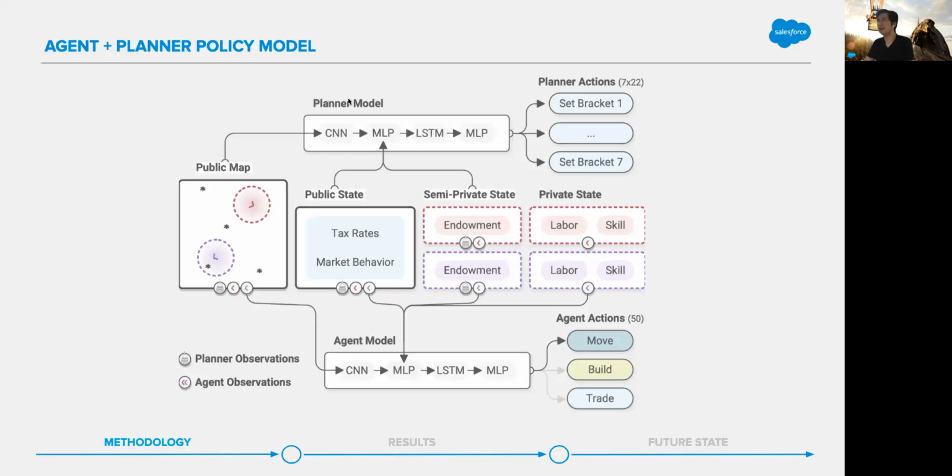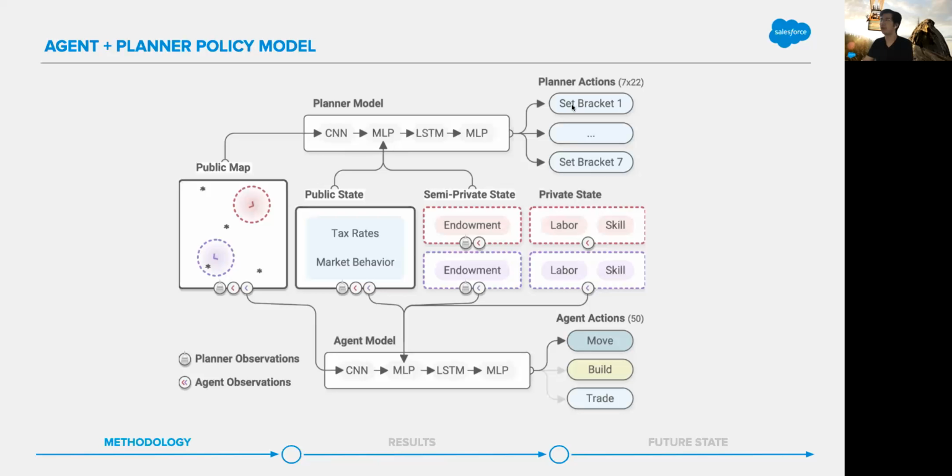Now, the planner is this deep neural network, which uses a convolutional neural network to do pattern matching on the spatial information, and also uses a fully connected network to look at the public state and the semi-private information. Then it combines all of this and predicts 7 numbers, because there are 7 tax brackets.